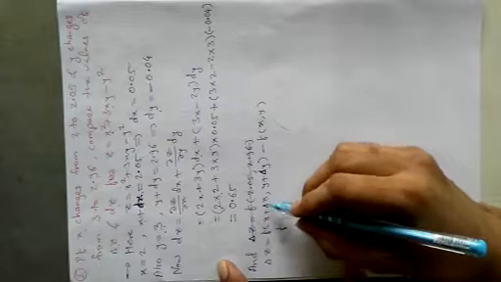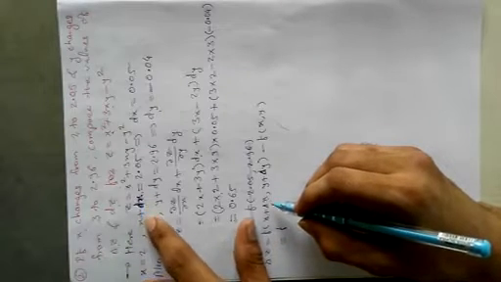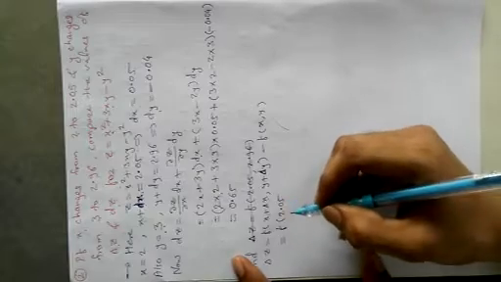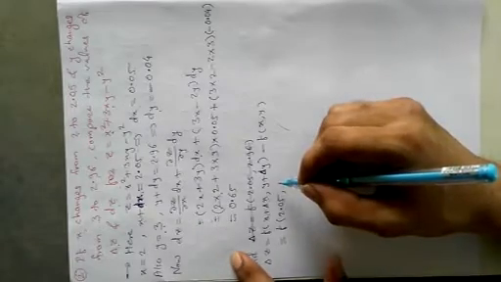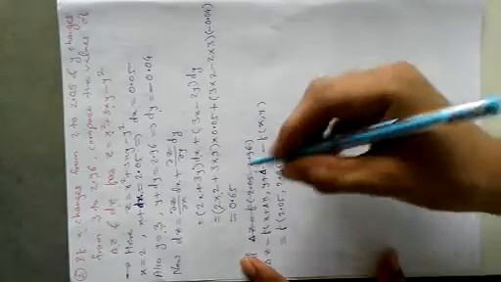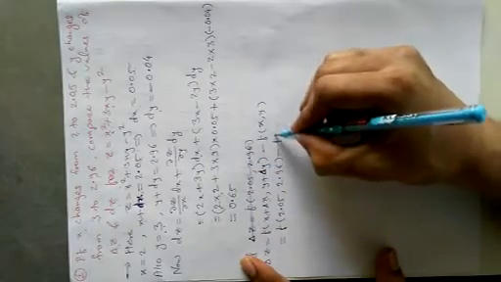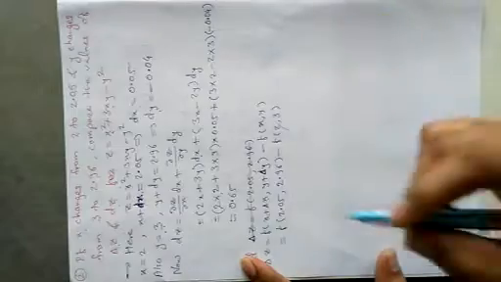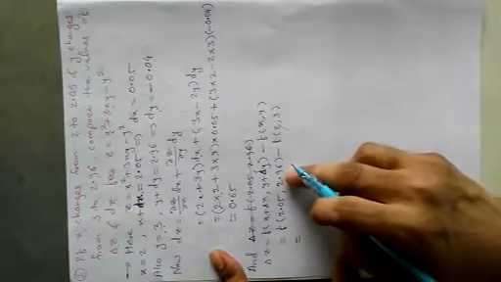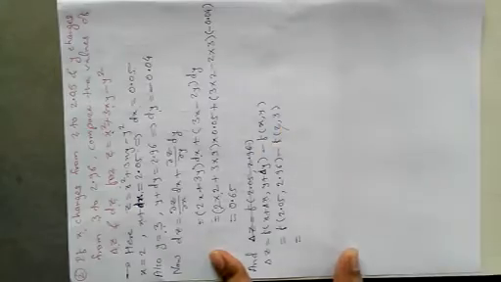Now here x plus delta x is x plus dx, which is 2.05. Next y plus dy is 2.96, minus f of xy, which is f of 2, 3. Now we find the value of f at 2.05, 2.96 and then f of 2, 3.